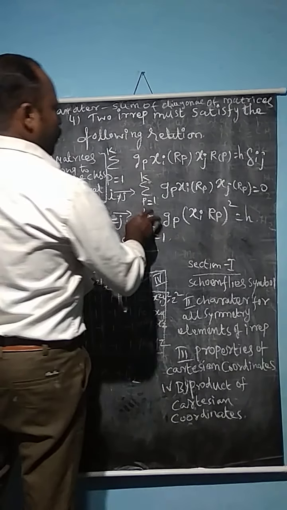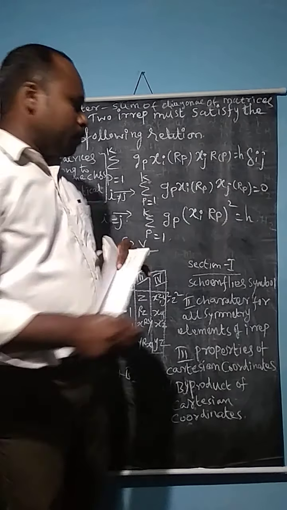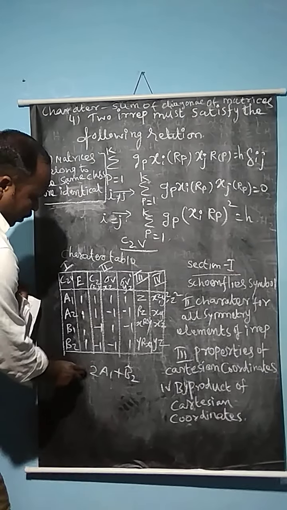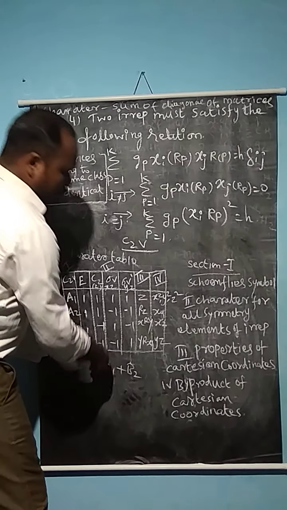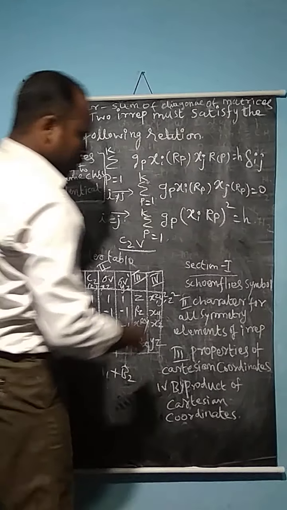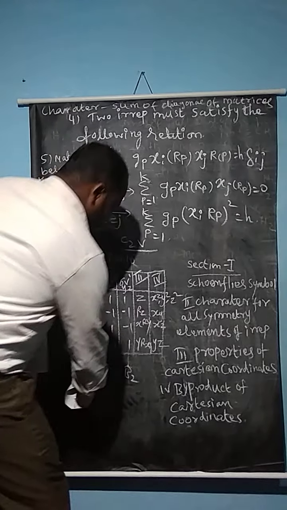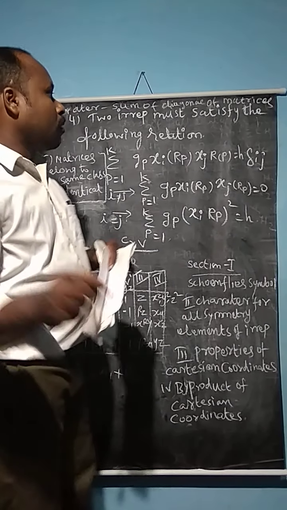Here we need not discuss the Raman and IR spectra. With this table, I have just written 2A1 plus B2 as belonging to the symmetry operation of the Cartesian coordinates. Here all the rotations and vibrations are active in IR and Raman.